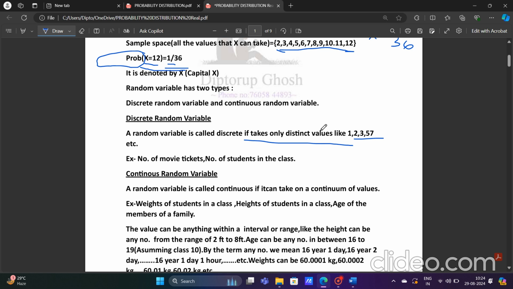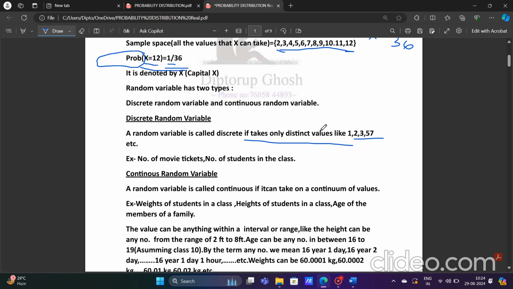A random variable is called continuous if it can take a continuum of values. What is a continuum of values? Suppose I have given you a task to measure the weights of the students in a class, or measure the heights of the students in a class. Now if I talk about the weights of the students in a class, the weights can be anything.